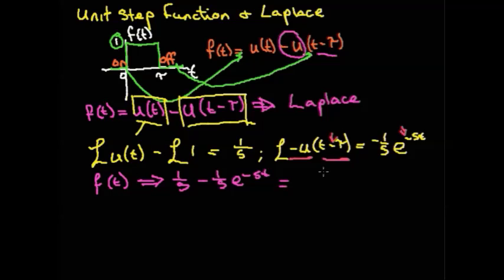And of course, if I extract the 1 over s out of that, that is 1 minus e to the minus s t. And that there is our answer. It was a bit of a wobbly line, wasn't it? That there is our answer.